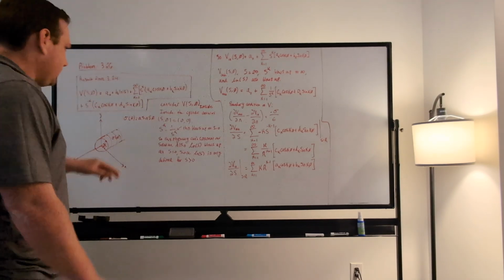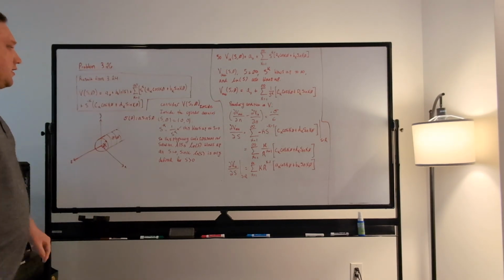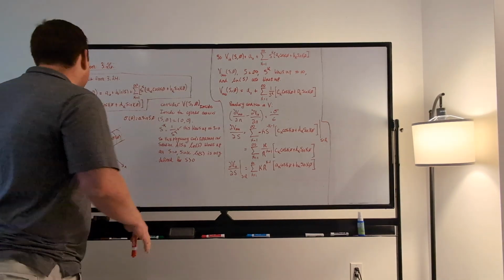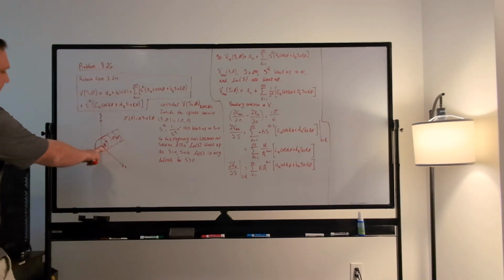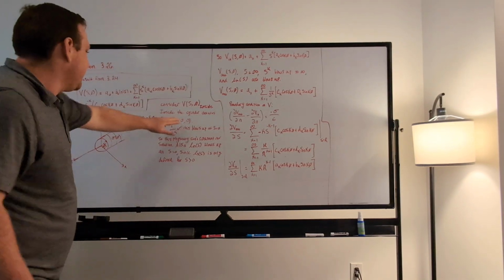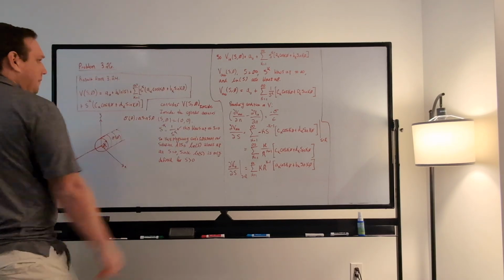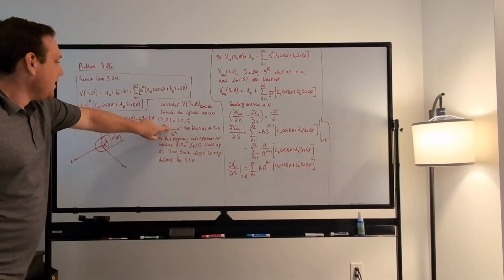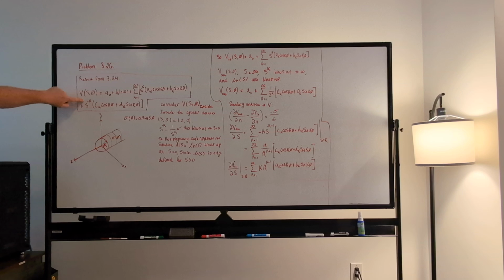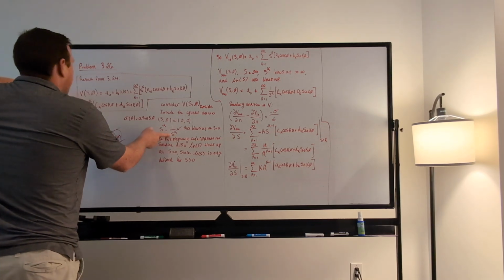So let's consider the potential inside of the cylinder. Inside of the cylinder, we have the origin, so s could be 0. When s is 0, this term in the second half of our general solution blows up to infinity.